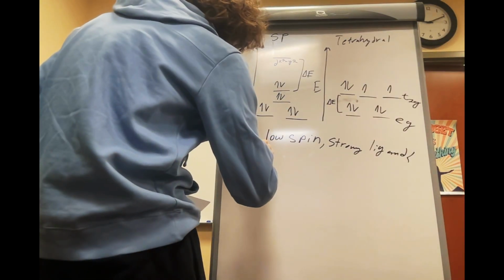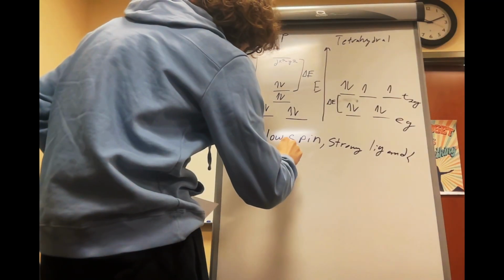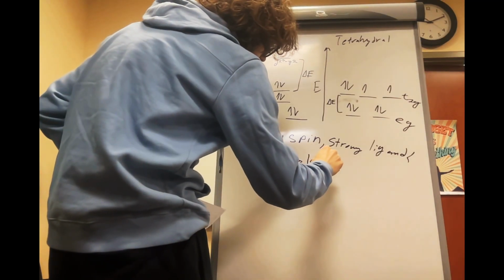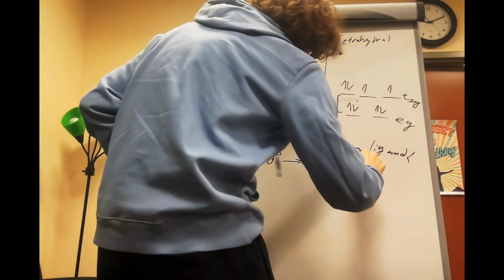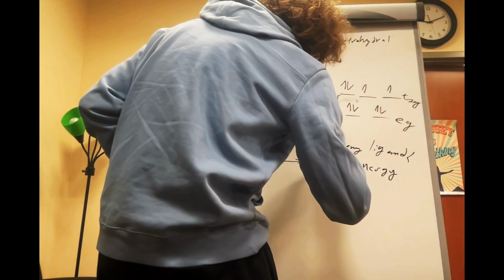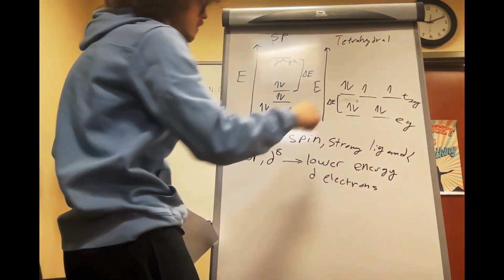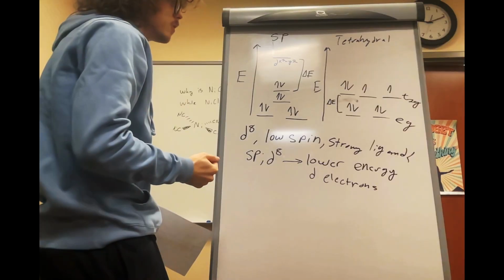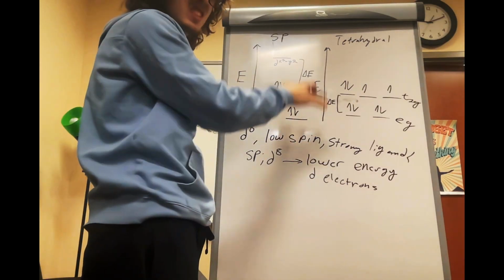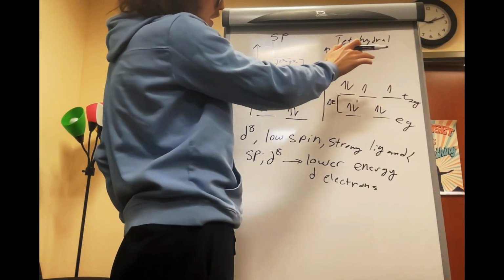So square planar d8, you get lower energy d electrons. However, if we compare this to tetrahedral, notice on average, and this isn't really drawn to scale, these t2g might be a little higher.